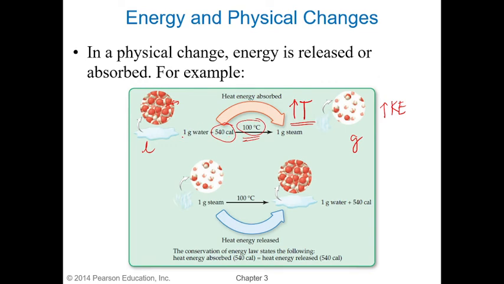So from your 1 gram of water, it will become 1 gram of steam. So yung energy dito is absorbed. Na-absorb siya into the water para maging ma-transform siya from liquid to gas.